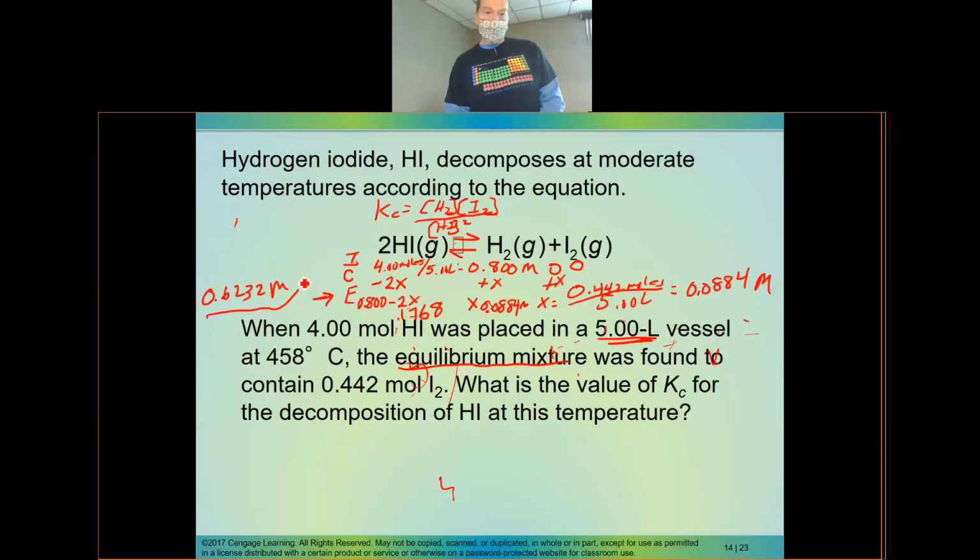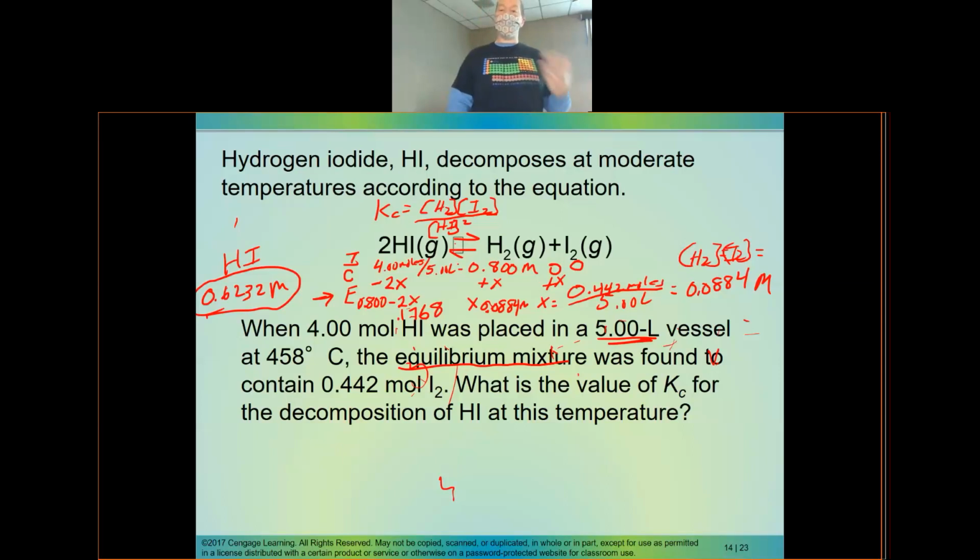All right, so here is my HI. Both of these are the same H2 concentration, which is equal to the I2 concentration, which is your 0.0884 mole.